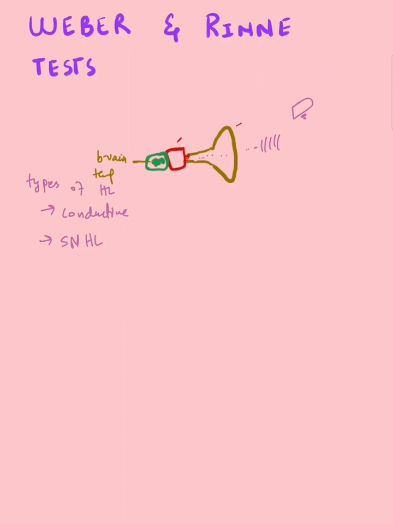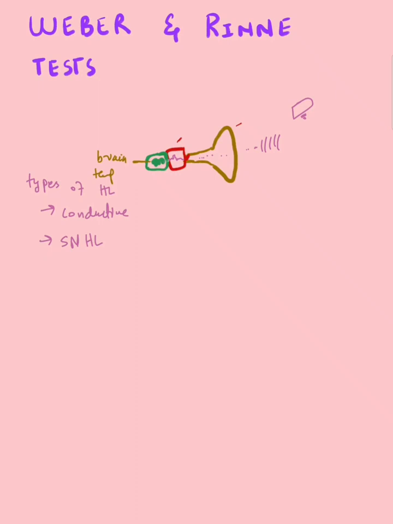Then the sound waves vibrate the eardrum, and from the eardrum the vibration is conducted through the middle ear by the auditory ossicles. From the auditory ossicles, the foot of the stapes is going to connect the middle ear with the internal ear.